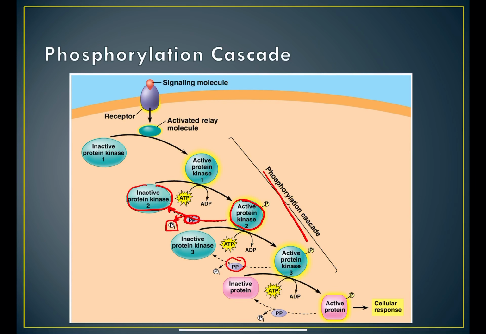That protein phosphatase right there, that's what that PP stands for. And so in the process of doing that, it inactivates the kinases, okay? And so these kinases go back to this inactive form, all right? And they're going to remain in that inactive form until they receive another signal, which activates the relay molecule or the second messenger, which we'll talk about in just a second, and causes this phosphorylation cascade that leads to our cellular response. Okay?